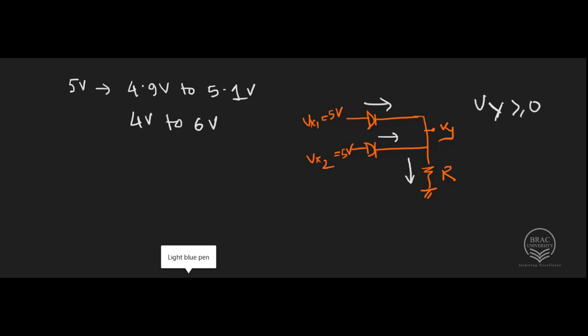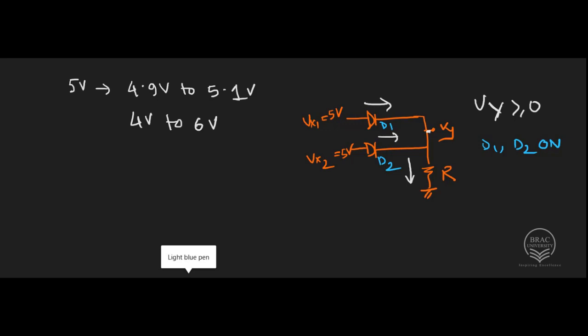Now if Vy is greater than or equal to 0 volt, then for both diode D1 and diode D2, the anode voltage is 5 volt and cathode voltage is greater than or equal to 0 volt. That is, for both diodes, anode voltage will be higher than the cathode voltage, that is D1 and D2 both will be on.